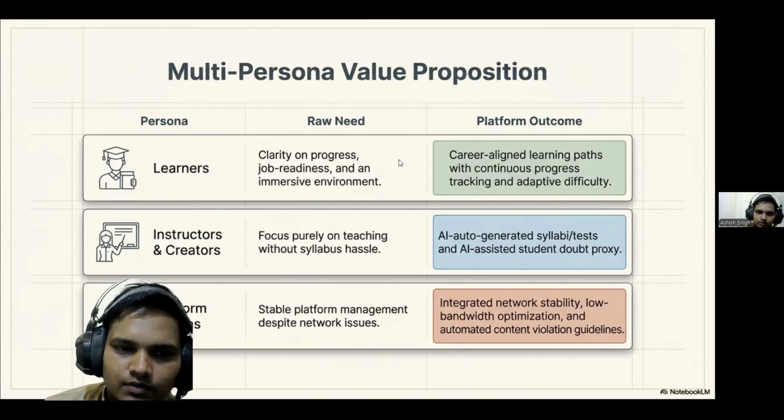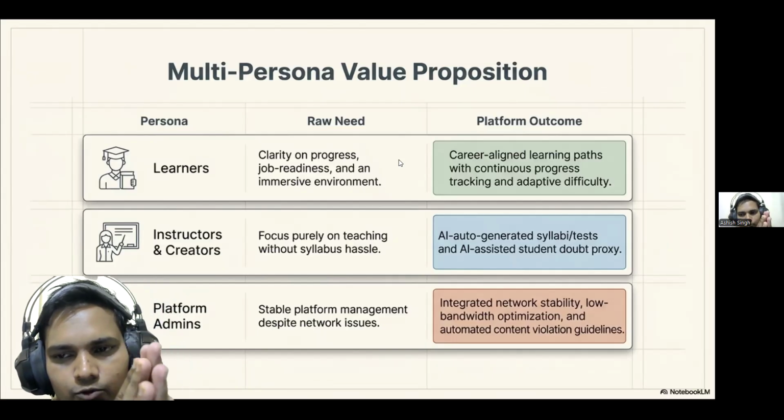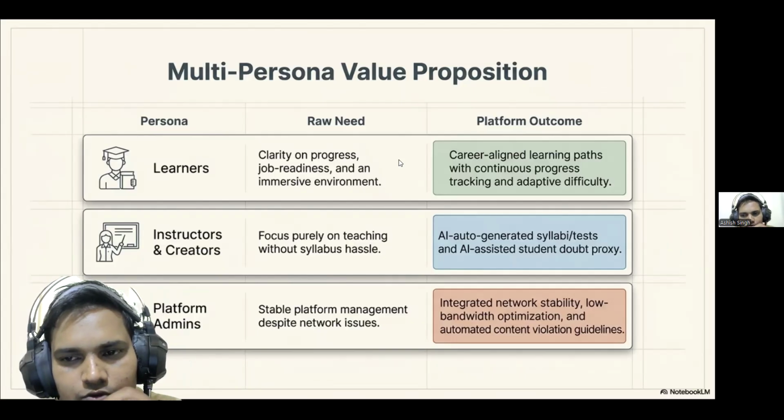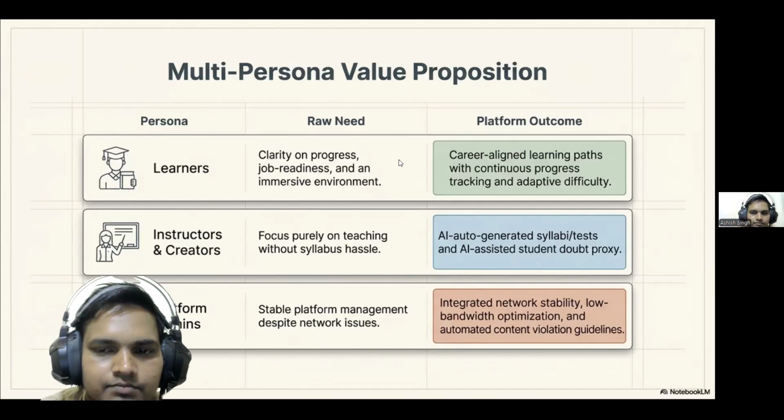First, from the learner's perspective, it should give clarity on progress, job readiness, and an immersive environment. How can the platform deliver this outcome? It should have career-aligned learning paths with continuous progress tracking and adaptive difficulty.